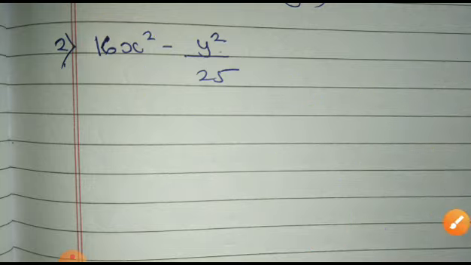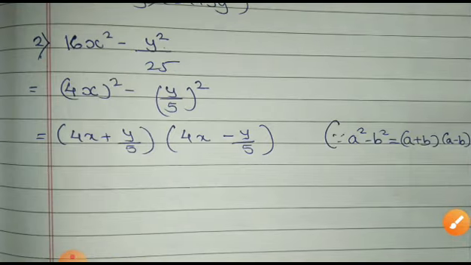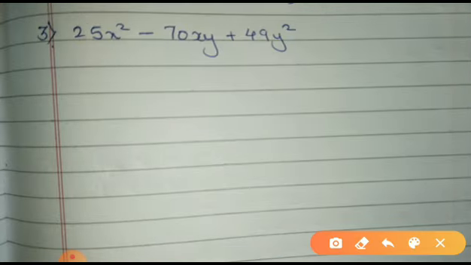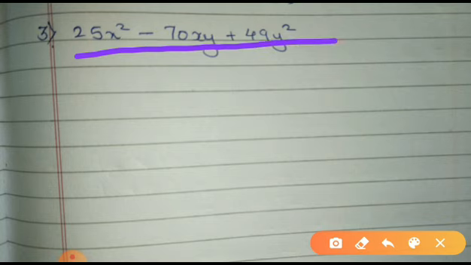Then make use of the identity. Okay. So you'll be getting it as (a plus b) into (a minus b). And this is the answer. Clear? Understood?